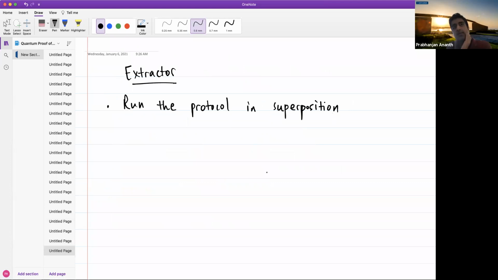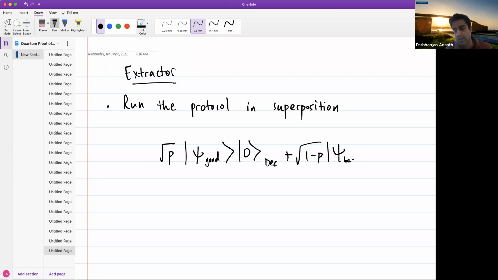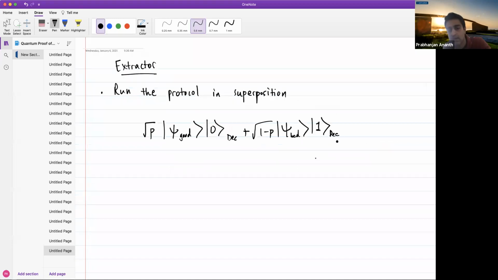At the end of the protocol, the final state of the extractor is going to be something like square root P psi good, 0. I'm going to explain soon what this means. Plus square root 1 minus P psi bad, 1. Decision. Right? Okay, so what does this mean?